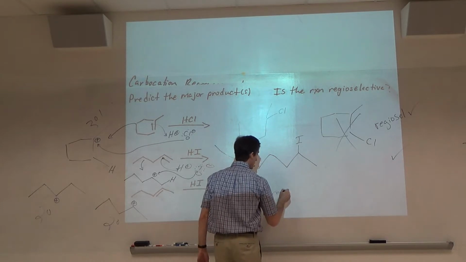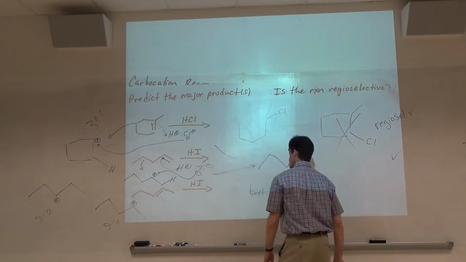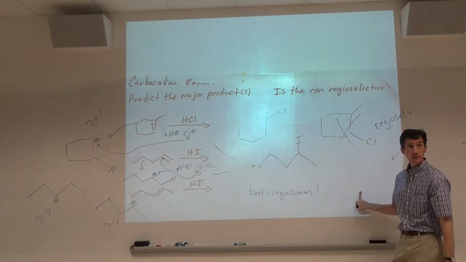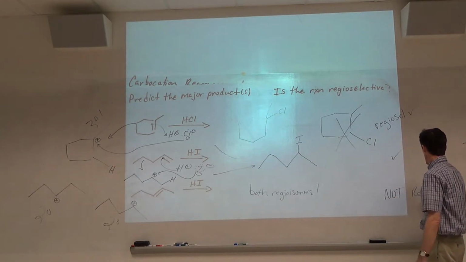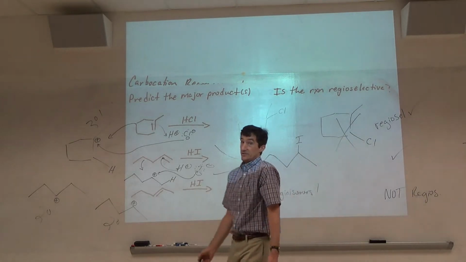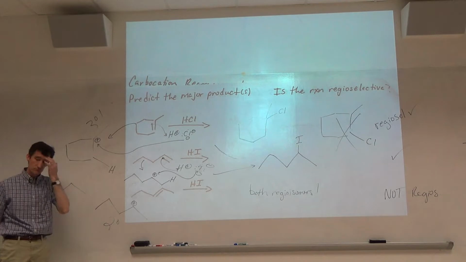So this is going to be both regioisomers. Iodine is going to attack either one. Is this going to be regioselective? That is, are you going to expect predominantly one product over the other?